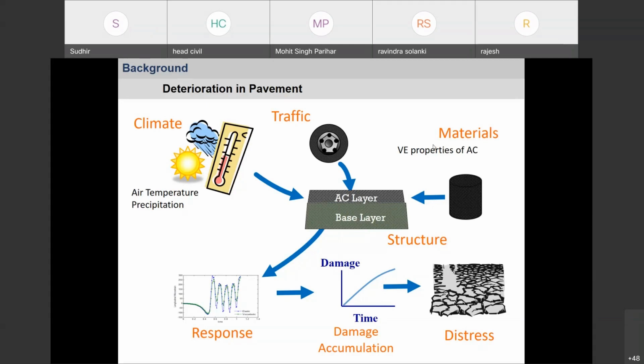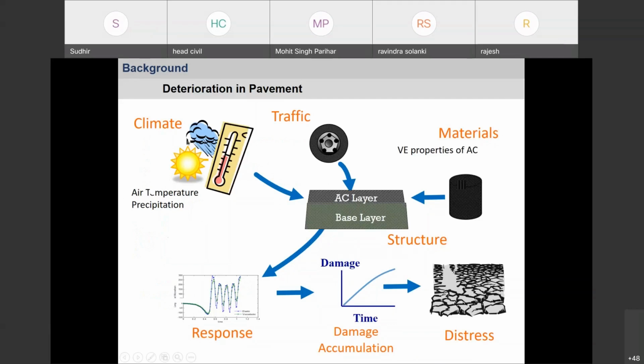Or if we talk about more about environmental influence, you may see moisture damage, or in fact rutting also as a result of traffic and severe climatic condition. Okay. So ultimately, we understand that a payment in its life will undergo distress as time passes.